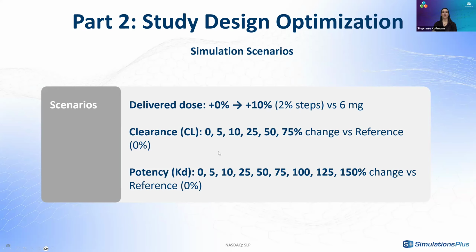For clearance and potency, we explored a broader range from 0 to 75% for clearance and 0 to 150% for potency relative to the reference. And this setup lets us quantify how these shifts impact the probability of meeting the bioequivalence criteria.